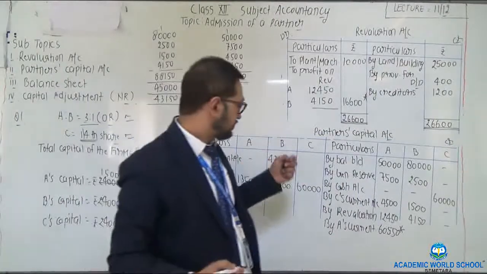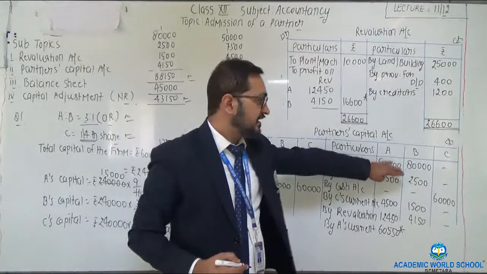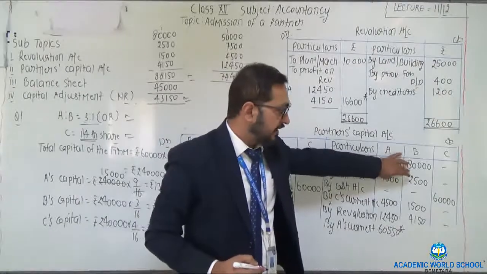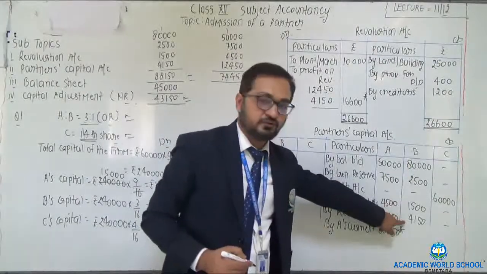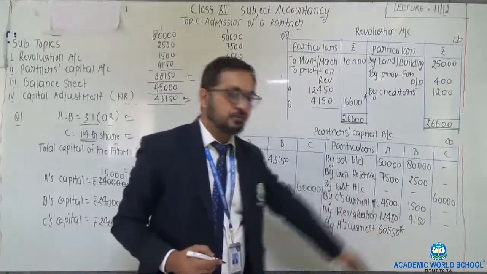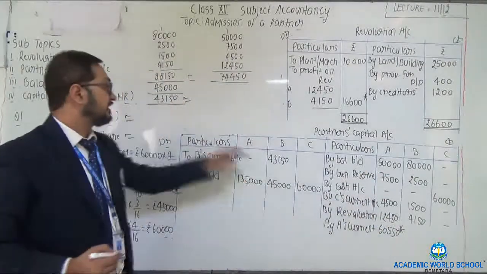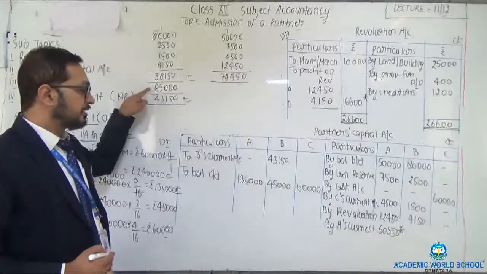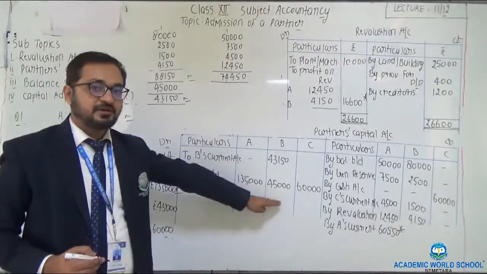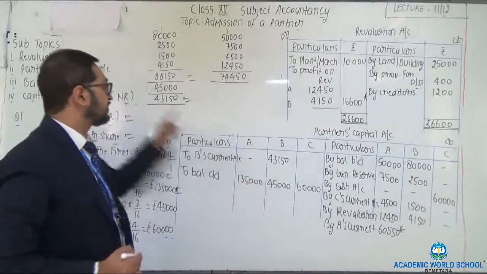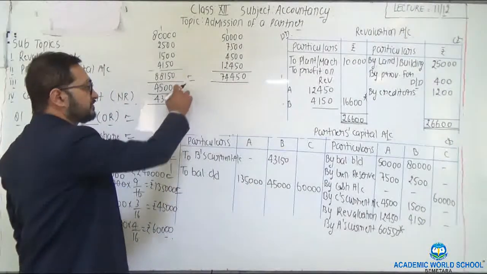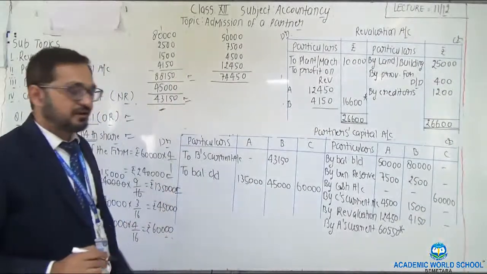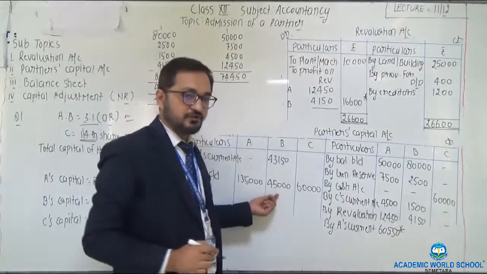Unlike A, in this case, B's capital 80,000, 2,500, 1,500 and 4,150. The total of credit one is bigger than the debit side. Total of credit side was 88,150. Total of debit side, as his capital would be now, is 45,000. So 88,150 minus 45,000 is 43,150, total of credit minus total of debit.